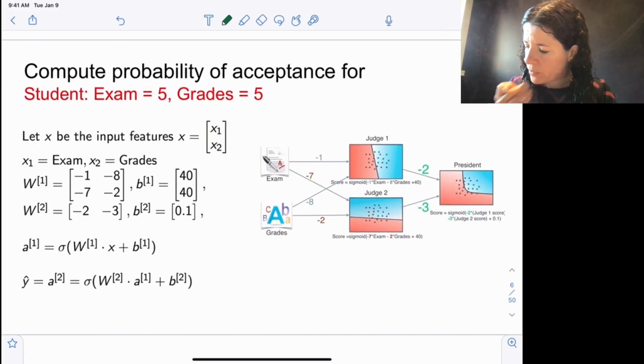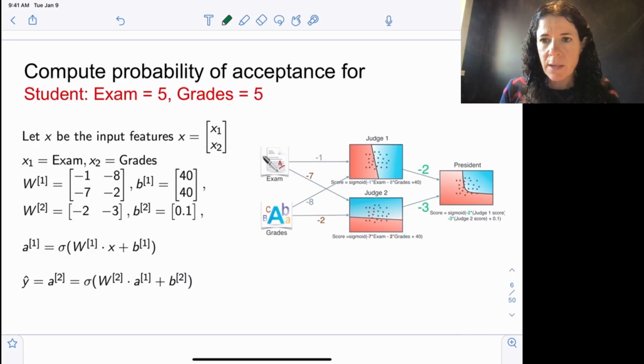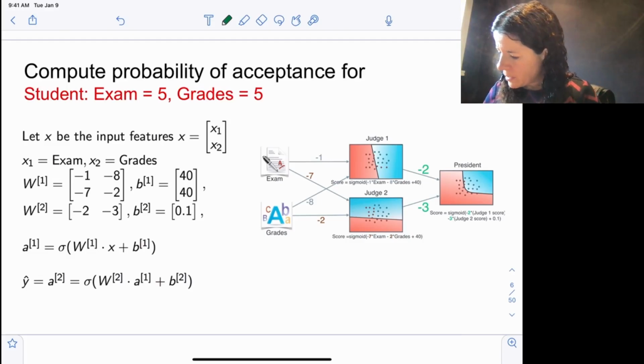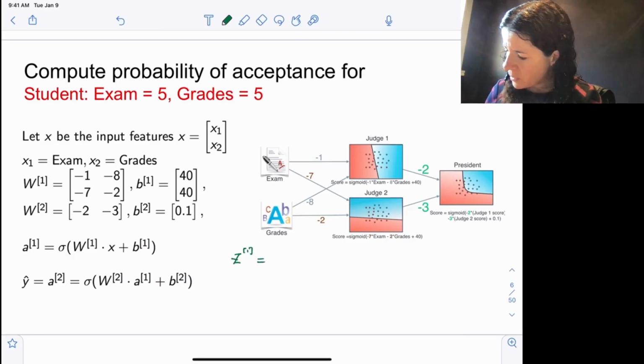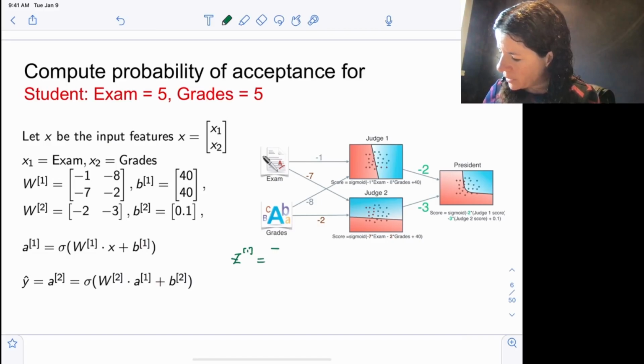So now that we know how to do this, can we compute the final score that we will give to a student that has 5 in the exam and the grades are going to be 5 as well? Should we accept the student into the university? That's the question. So first of all, let's compute what we in a previous lecture called Z1, which is what happens after we do the linear transformation.